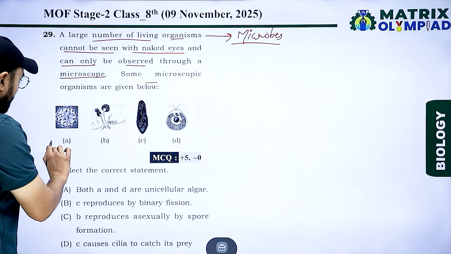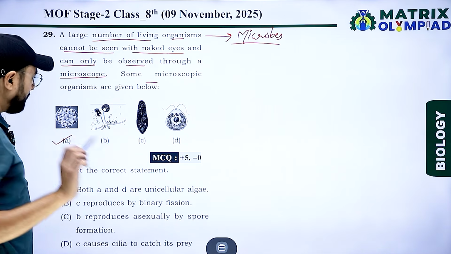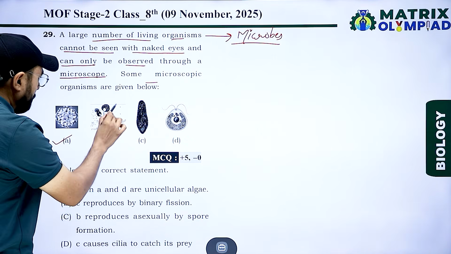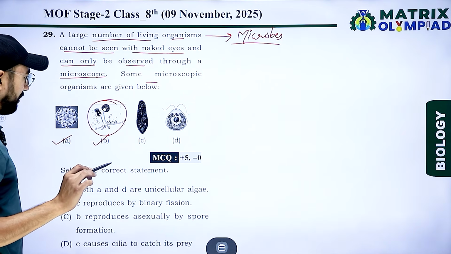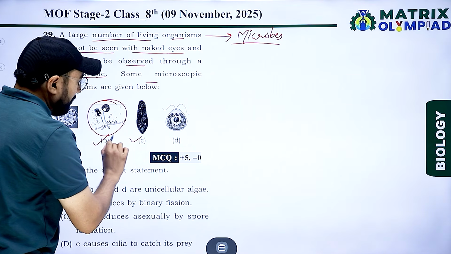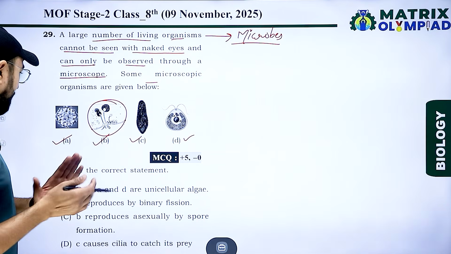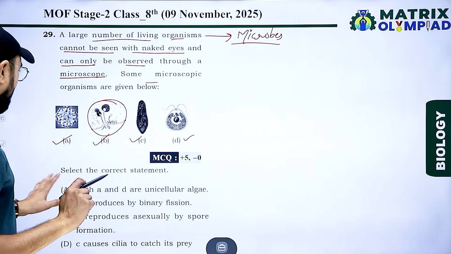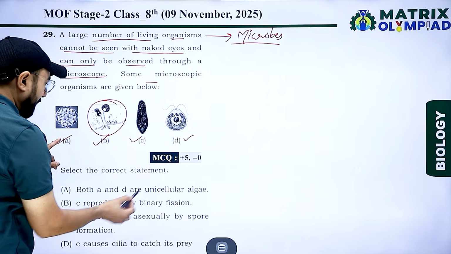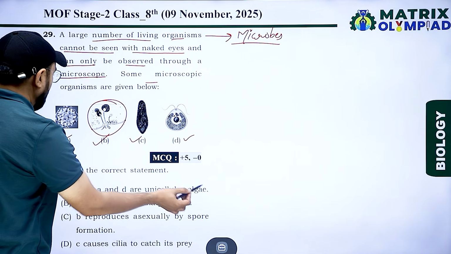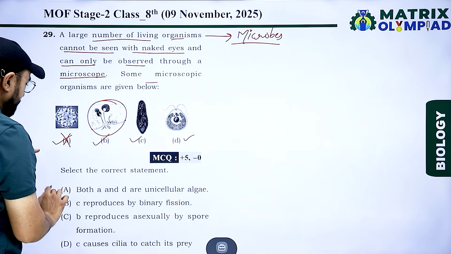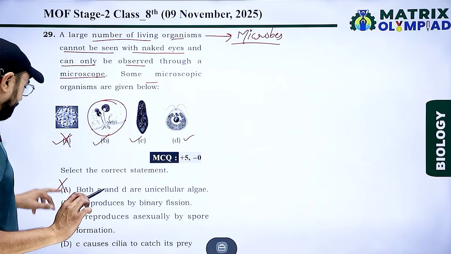A diagram relates to virus. B, spore formation, paramecium and chlamydomonas. Select the correct statement. Both A and D are unicellular algae, but A is a virus, so this is a wrong statement.